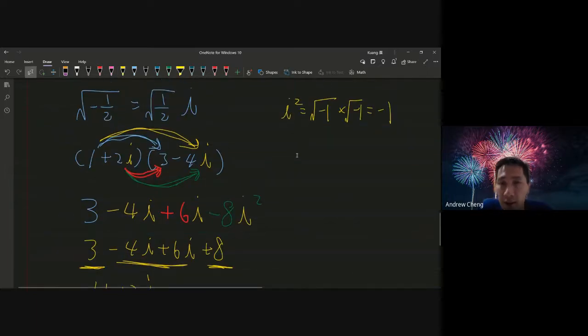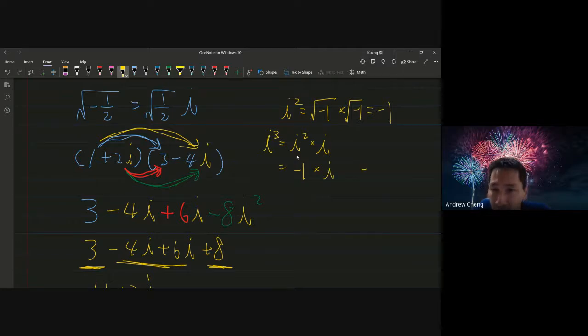And then for extension, I want to explain. You might not see this in our exam, but I want to explain. If you see i cubed, it is i squared multiplied by i, so it is -1 times i.